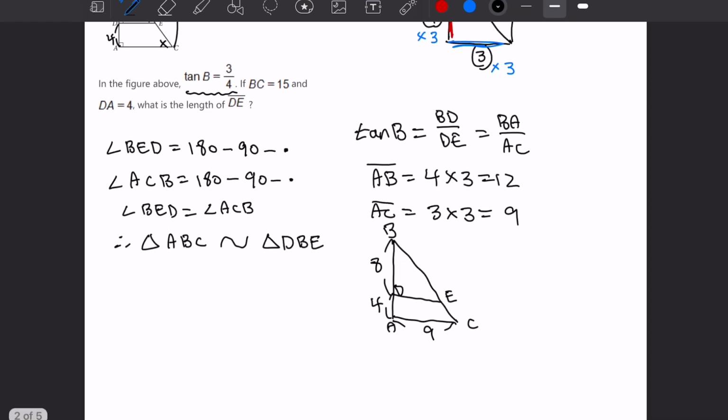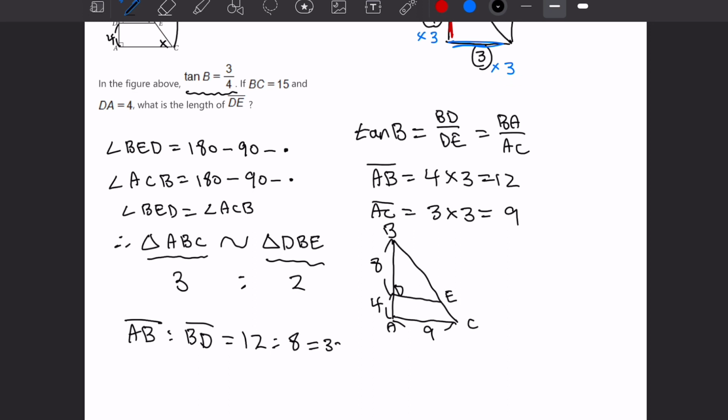So from this we could know that the ratio of AB to BD is 12 to 8. Oh, actually it's 3 to 2 because 12 to 8 is equal to 3 to 2. So using this, AC to DE should also equal 3 to 2.